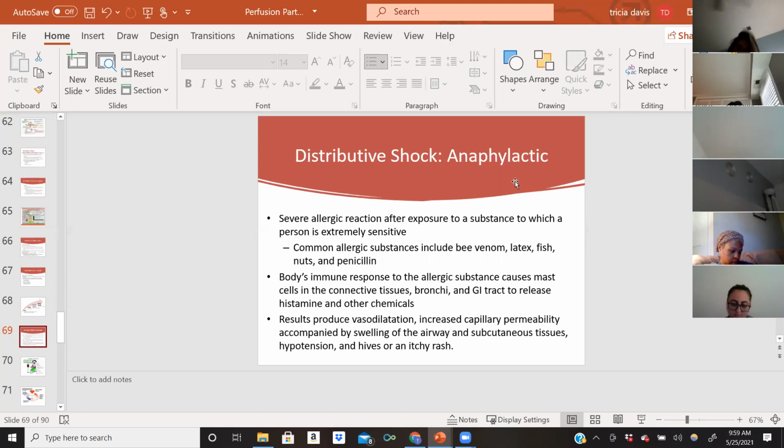Everything dilates. We get more blood flow through, our pressure is going to drop. It's going to cause increased capillary permeability. But these patients are also going to have swelling of the airway, of their subcutaneous tissues. They might have hives. They're going to have that hypotension, or they could even have an itchy rash.